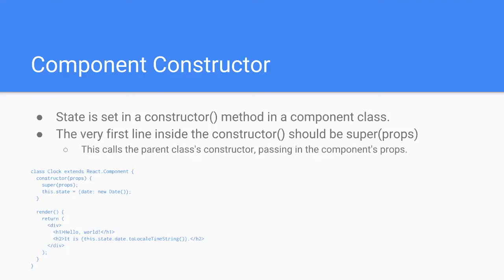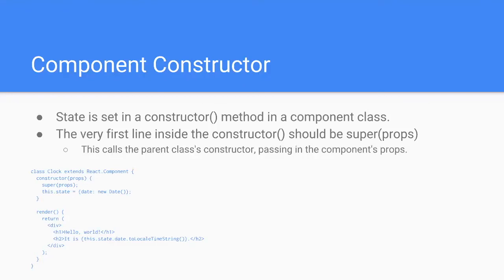So again, constructor here is just a method, and then we've got our render method that provides the actual JSX. This constructor runs before the render method runs, not because of the order, but just because that's the way the React lifecycle works. It'll always call constructor first, and then it will call render. So then we can actually write our state in our JSX.